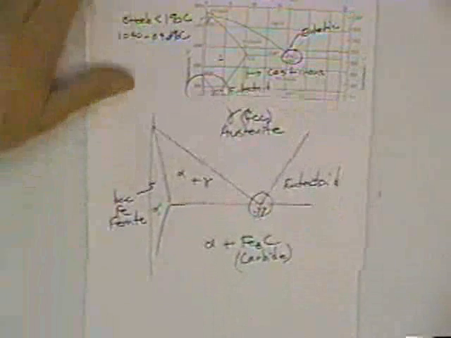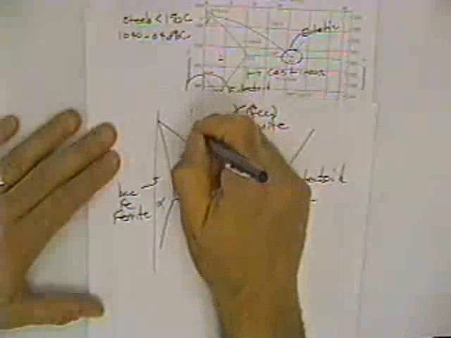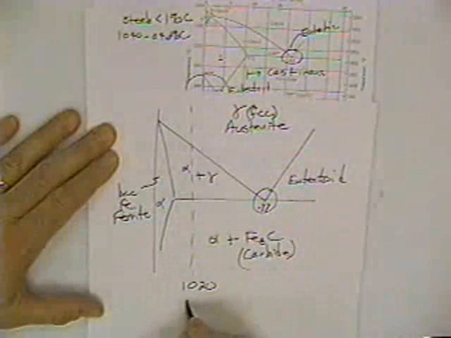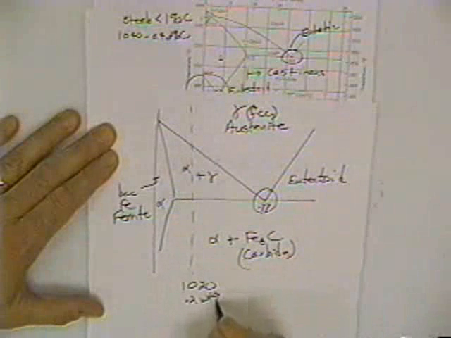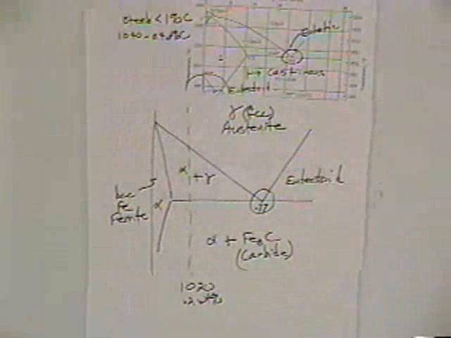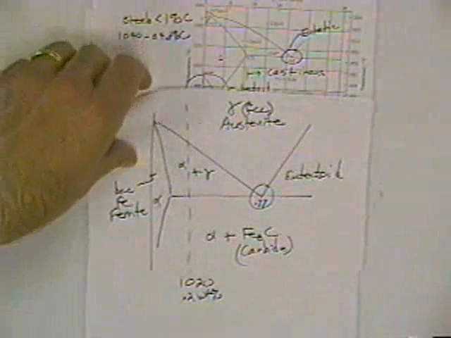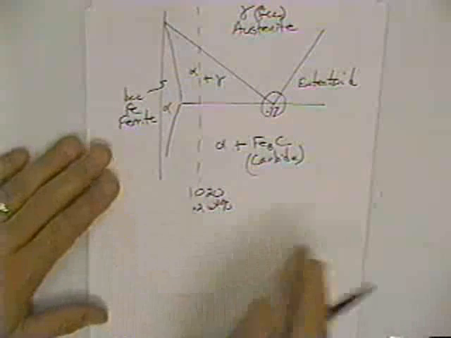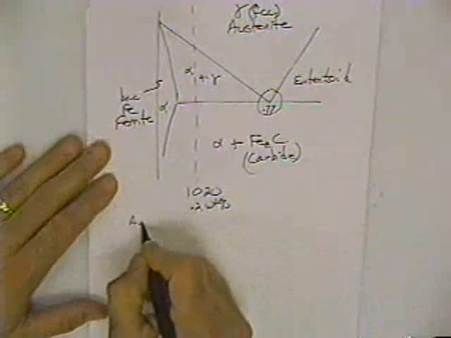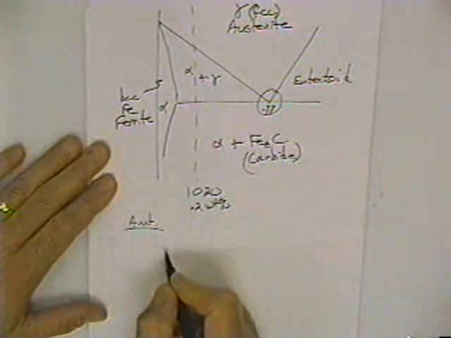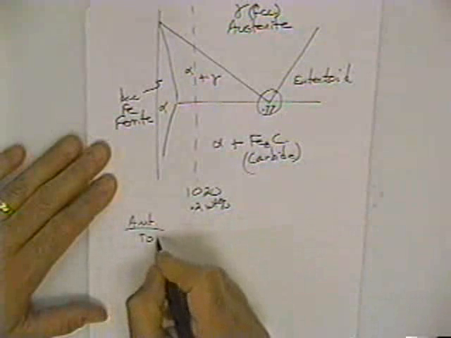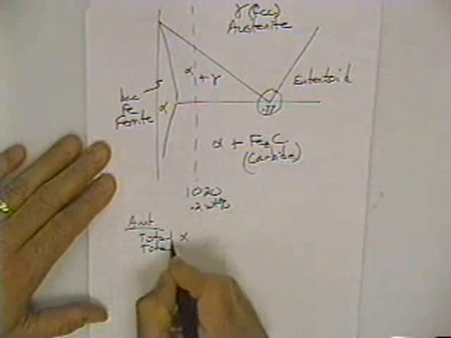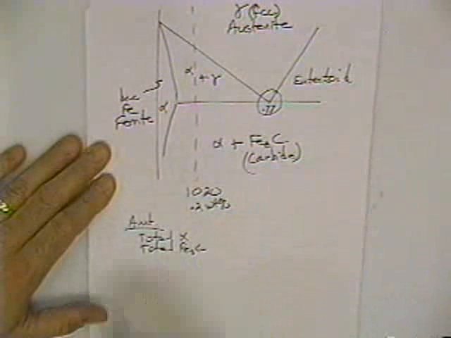And let's take a 1020 steel, so we have 0.2 weight % carbon, and let's make a couple of calculations. Let's determine the amount of total alpha and total iron carbide.